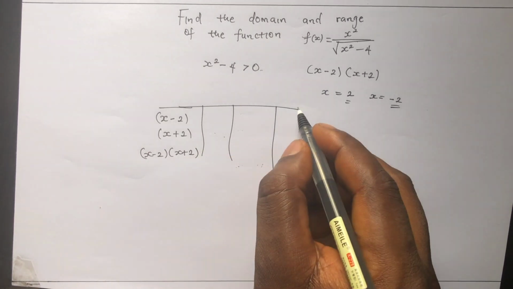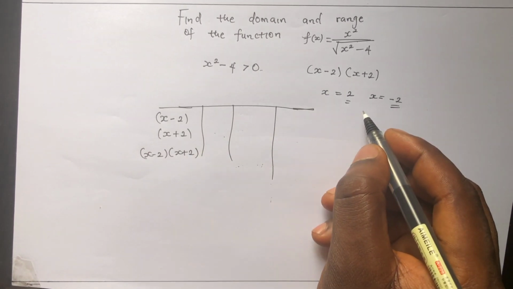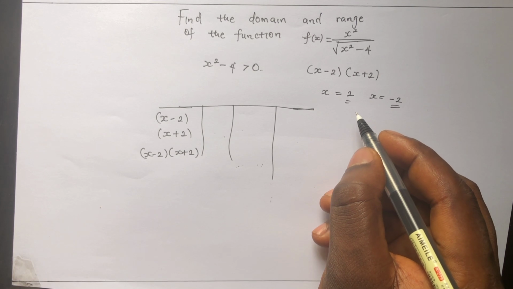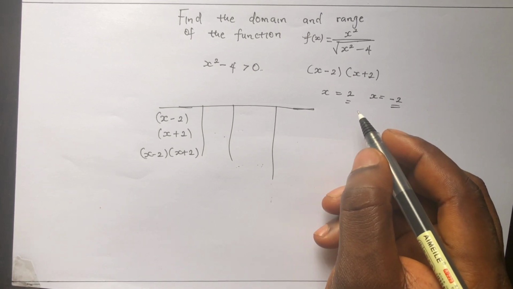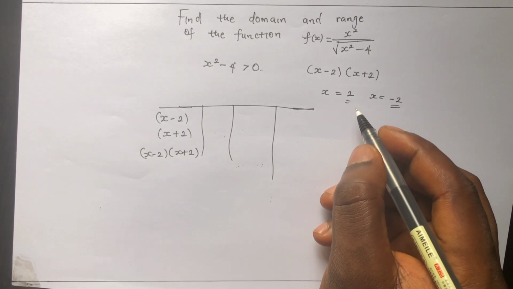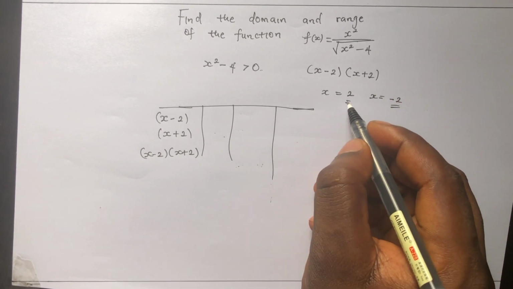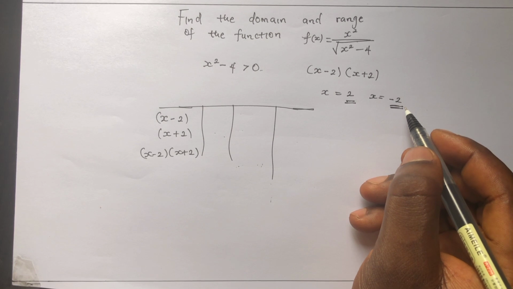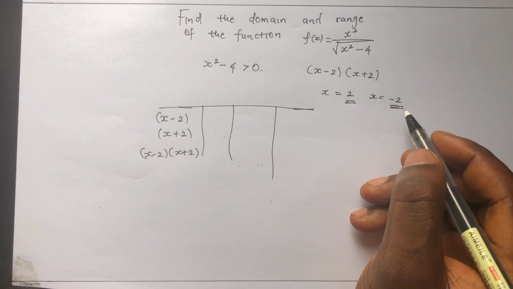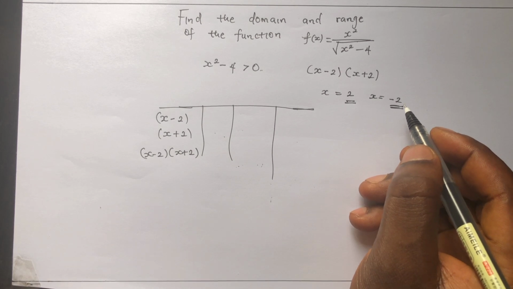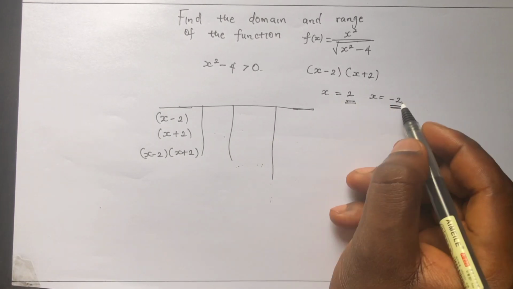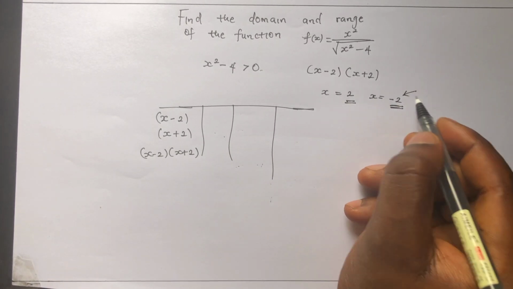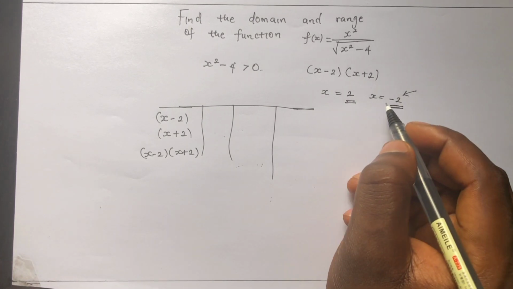Now, I'm going to assume a set of values so that we can test the actual range of values that will satisfy this function. From this turning point, I'm going to assume some values so that we can see the ones that will actually define our function. We know from these two values that negative 2 is the smallest of both of them, right?